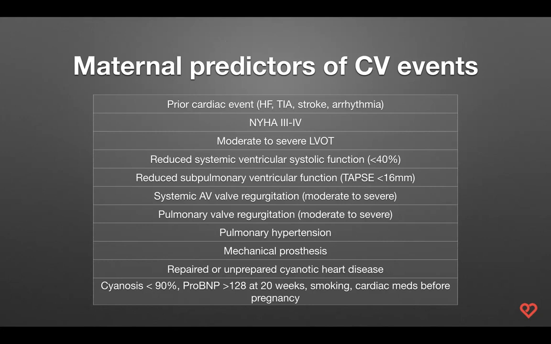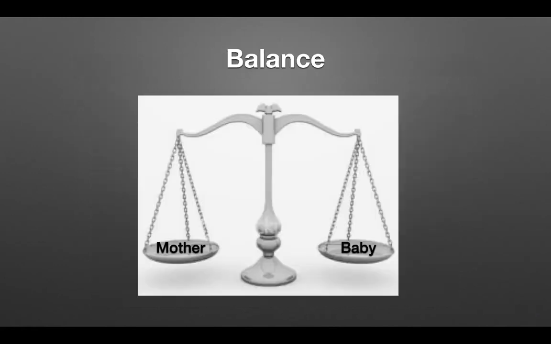Also incorporated into here is even pulmonary valve regurgitation, moderate to severe. We usually say valvular regurgitation is well tolerated in pregnancy. However, when you're looking at predictors of cardiovascular event, someone with moderate to severe AI or moderate to severe PI, there is a chance of increased cardiovascular events during and after pregnancy.